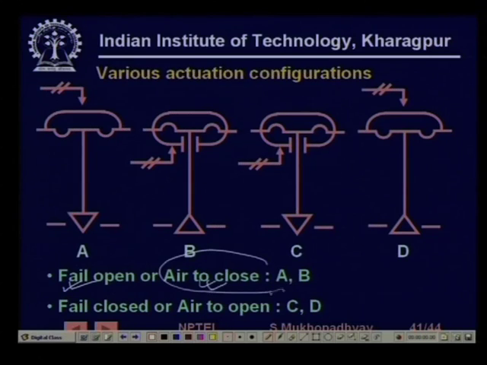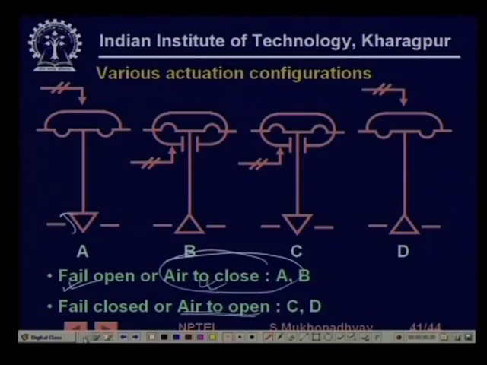If the air supply somehow fails, then this valve will fail in an open situation; if the air supply is not there, the valve will remain open. Similarly, there are air to open valves, where if the air supply fails, the valve will close. So, one has to choose a particular actuation configuration to avert industrial accidents under various kinds of failures.